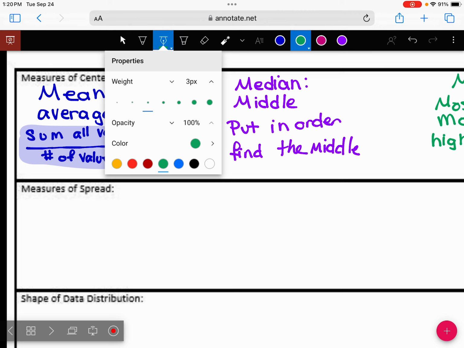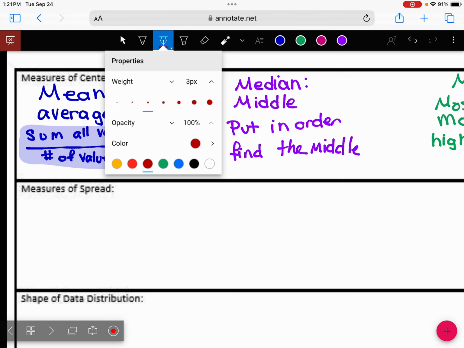All right, so then we're going to talk about measures of spread, which is a way of describing not the middle. Our center describes where the middle is, but our measure of spread says how far away most people are from that middle. So if it's a really good center, everyone's going to be pretty close.